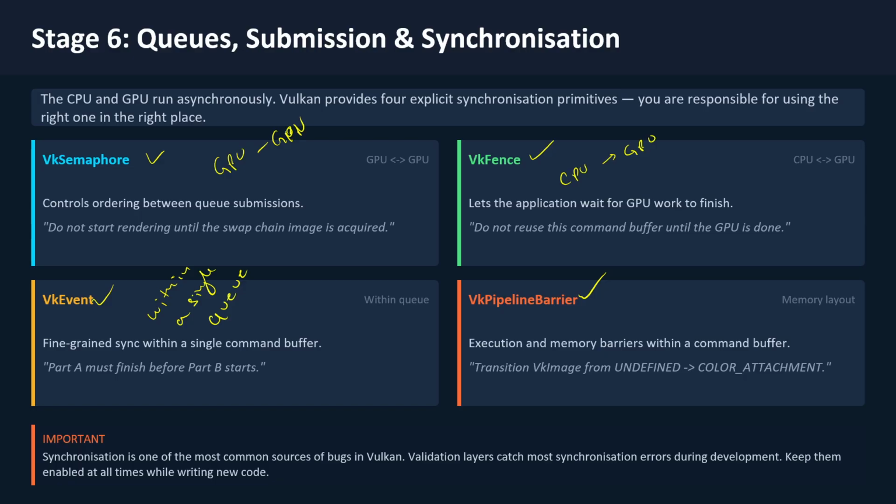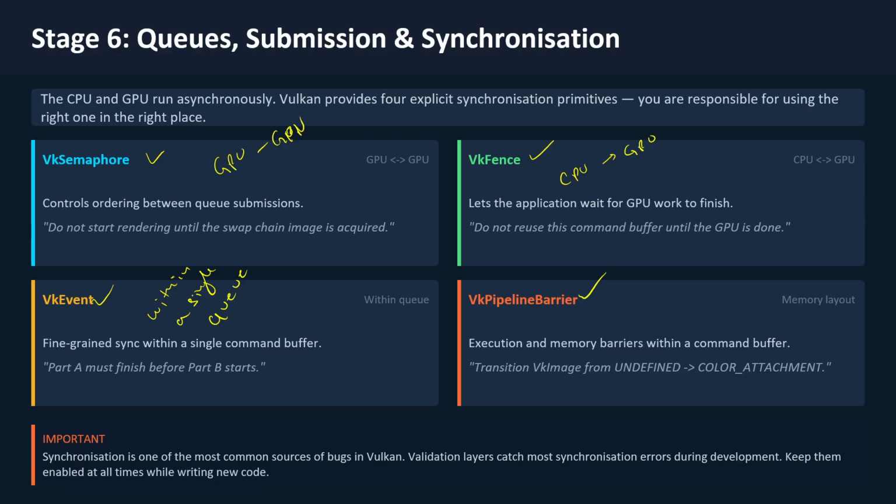Okay, the next one is the pipeline barrier. I would say that this is one of the most powerful and very commonly used mechanisms. So let's suppose you're writing some statements of Vulkan which define certain operations. When you implement a Vulkan barrier, it controls the execution order and the memory visibility.